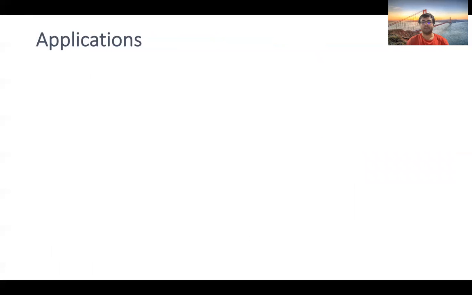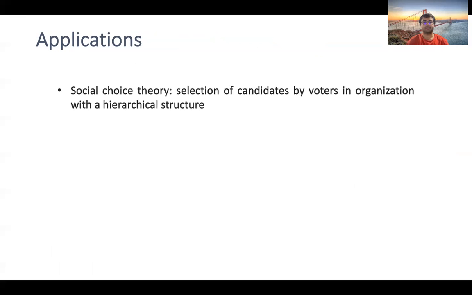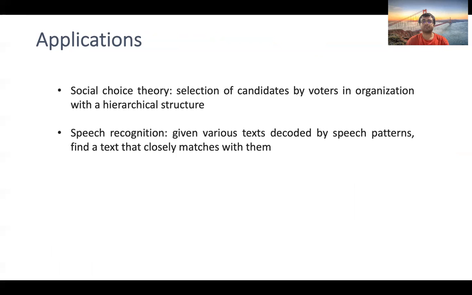Now let's come to some applications before we give a high-level overview of our algorithm and our analysis. As we've already seen, the selection of candidates by voters, which is a question in the social choice theory, has been solved by this problem. Further, there are applications in speech recognition.